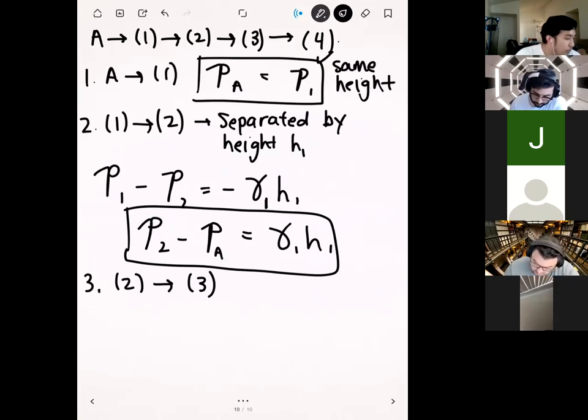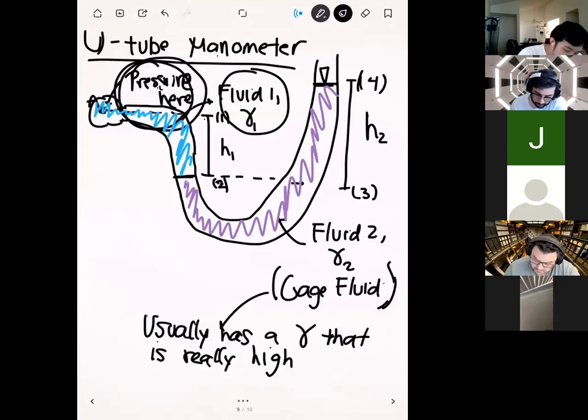So next, let's go from point 2 to point 3. These guys are at the same height. If we compare point 2 and point 3, even though they're in different fluids, point 2 is in the blue fluid but point 3 is in the purple one, they're still at the same height.